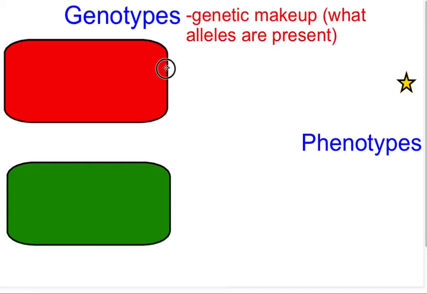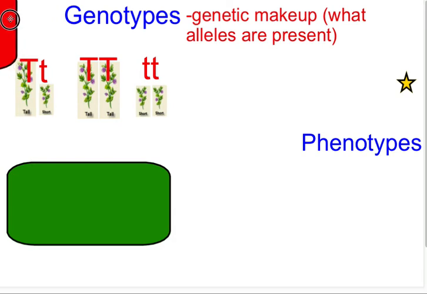So, for example, for the tall plant that we had before, we had a capital T and a capital T. We had the tall gene from mom and the tall gene from dad. And from the short plant we saw before, we had the short gene from mom and the short gene from dad. But in the tall plant, we also could have had a tall gene from mom and a short gene from dad, or vice versa. It doesn't really matter which parent is which here.